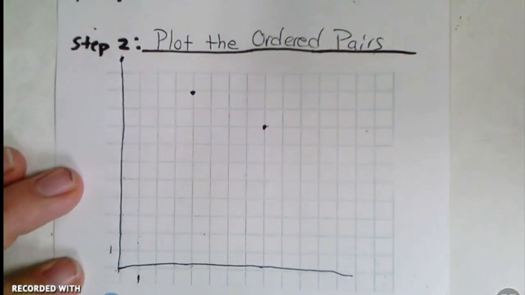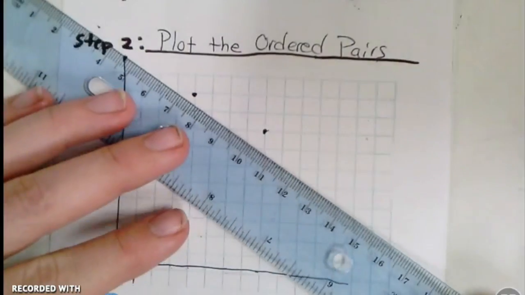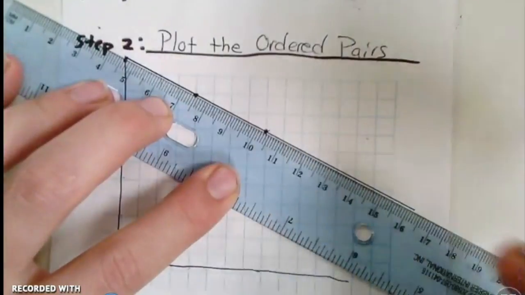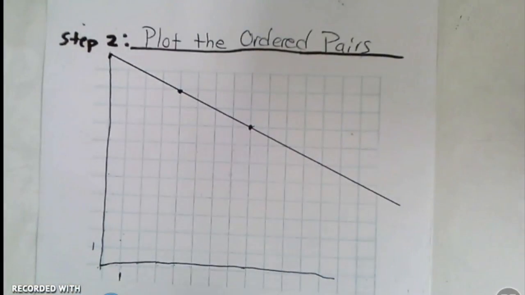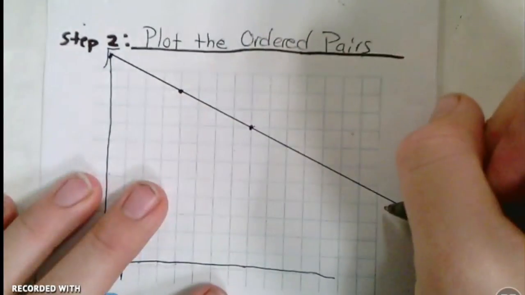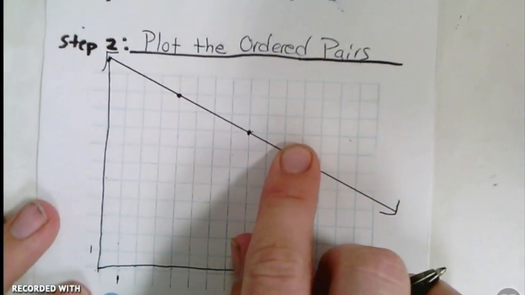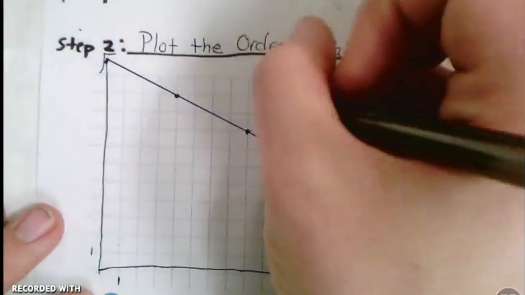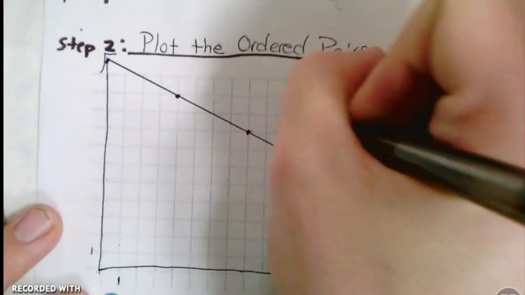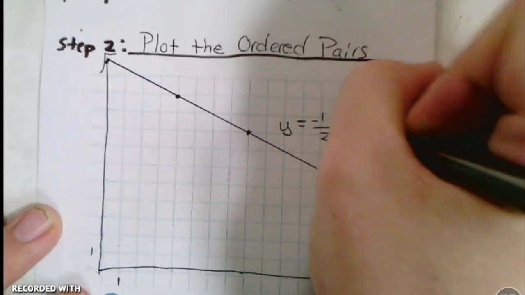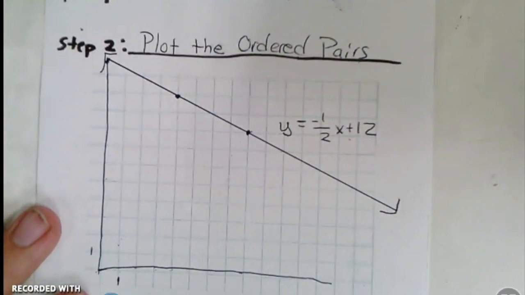And now I can take a ruler and connect all of those dots to show my plotted line. Draw arrows on it. And this line is y equals -1/2 x plus 12. That's what this line is.